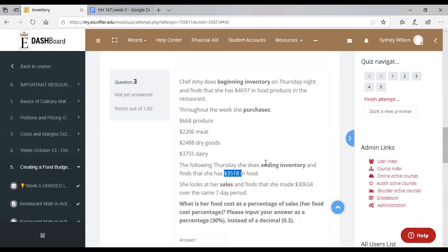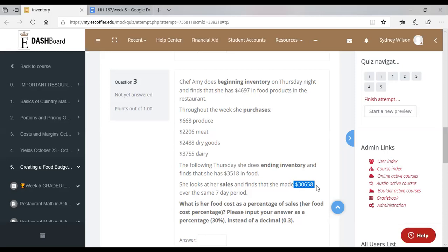Now we need to find our sales so that we can divide the food cost by the sales. Her sales for this week is this number right here. She looks at her sales and finds that she made $30,658. So we're going to take the 10,296 that we got for the food cost, and divide that by the 30,658.